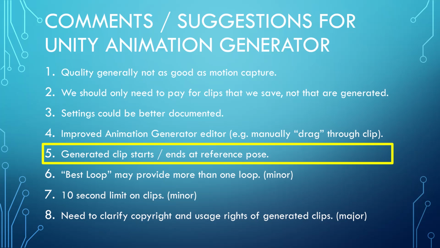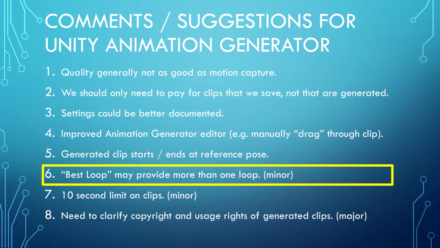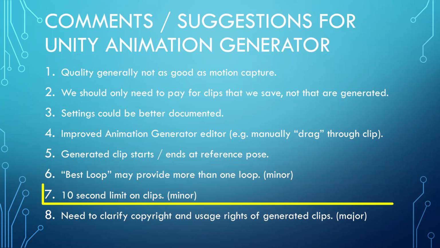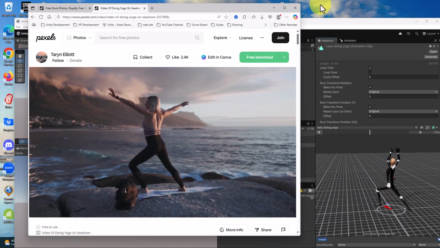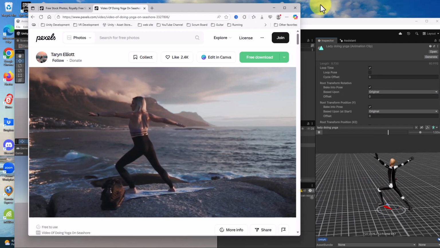I'm not sure whether that would be part of the animation generator per se, or maybe a separate utility to help match up clips one to the other. This is minor, but the best loop option sometimes provided more than one loop. It's not a big deal because the tool can also subsequently find a loop within a loop. Another minor comment is the 10-second limit on clips, but usually that should be enough.